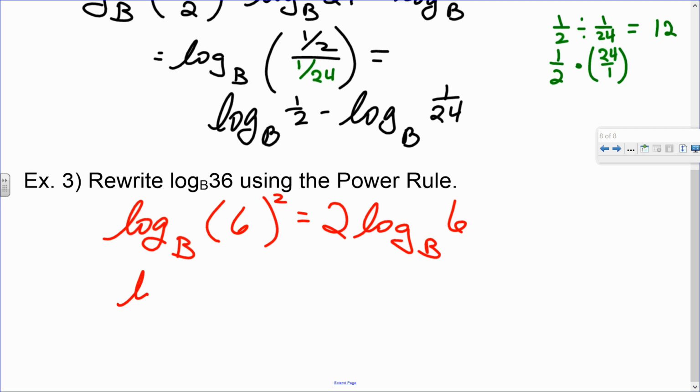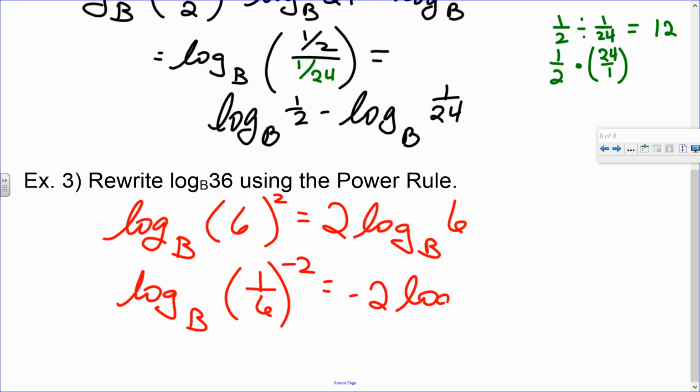What if I wanted to do it as log base b of 1/6? What would the power have to be? -2. No negative argument, so I'm fine. So I could say that's -2 log base b of a 1/6, and so on.